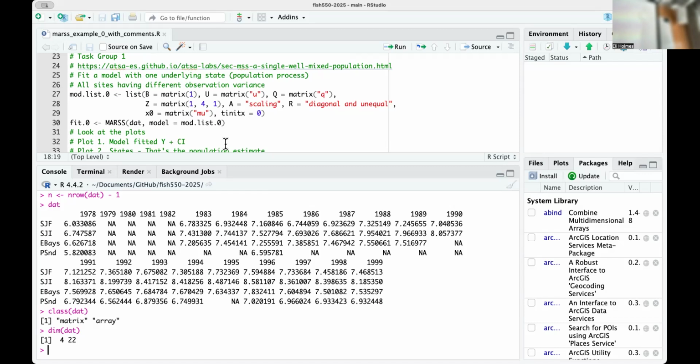Okay, so I've got 4 of them. Here we're figuring out what the matrix looks like. Z, this is my Z. 4 rows, 1 column, I've got 1s.